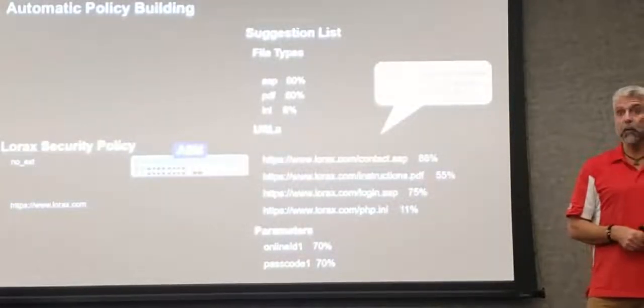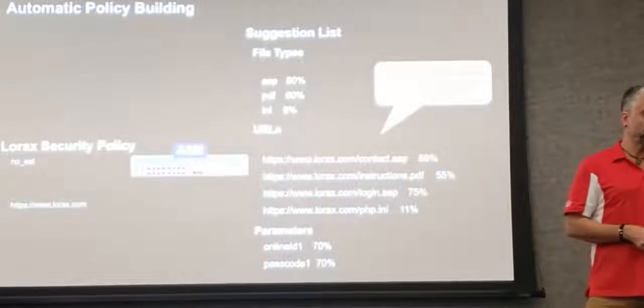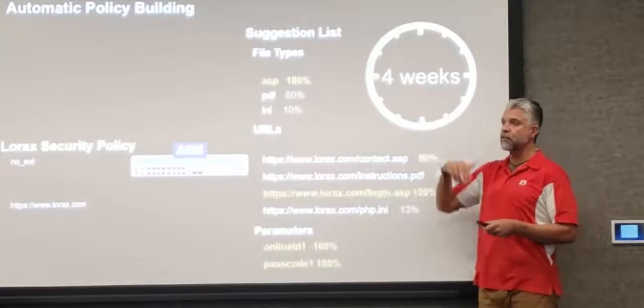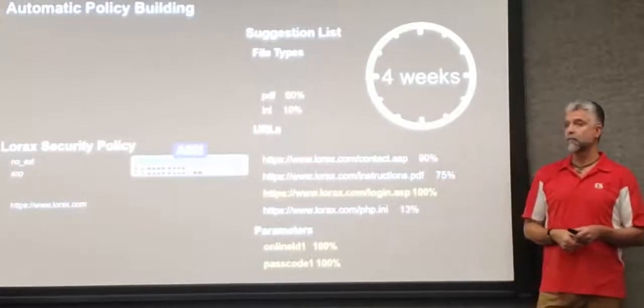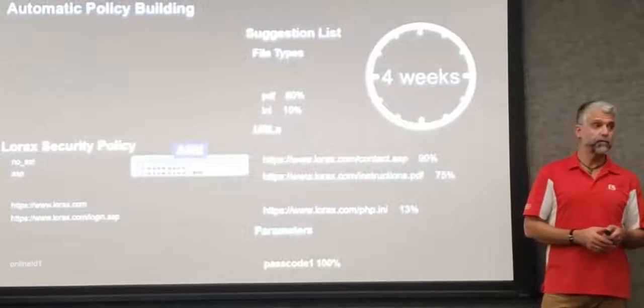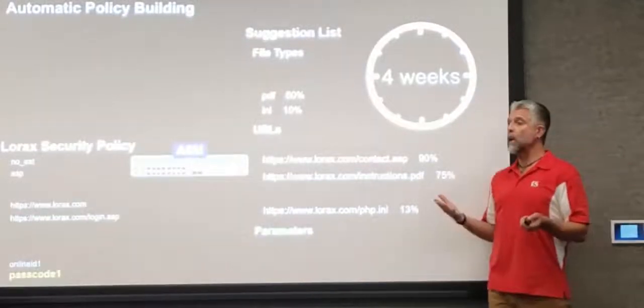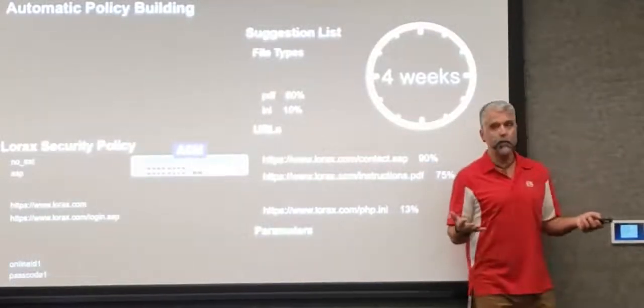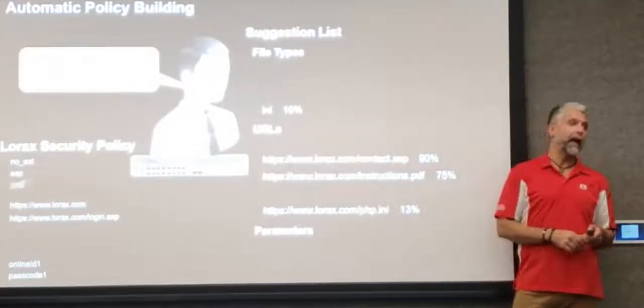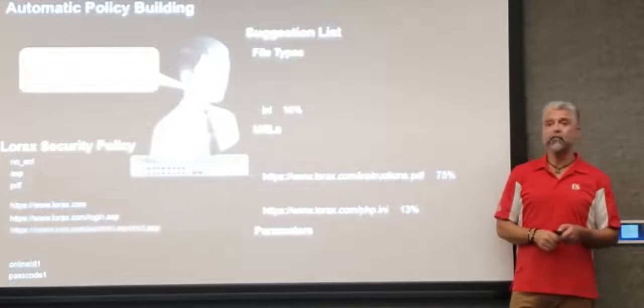It is actually probably very likely that that's part of the security policy. And that continues as items continue to hit 100%. They'll all be added to the positive security model. Now, even in automatic policy building, Mr. Administrator can still come and manually add other entries themselves.